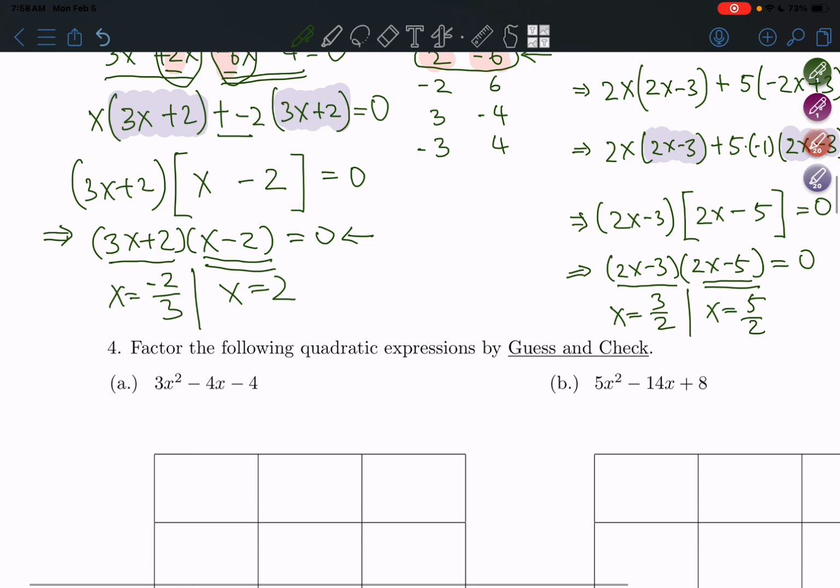It looks something like blank x plus blank, and then blank x plus blank. I mean, we see the answer is 3x plus 2, x minus 2, but that's just another way of saying 3x plus 2, 1x plus negative 2. I mean, we know the answer should be that. But without even knowing the answer, we should at least see the format should look something like this.